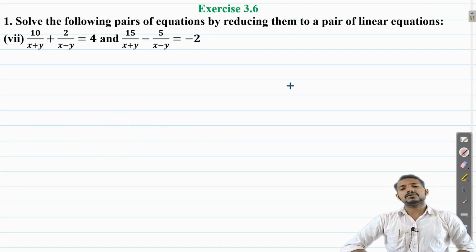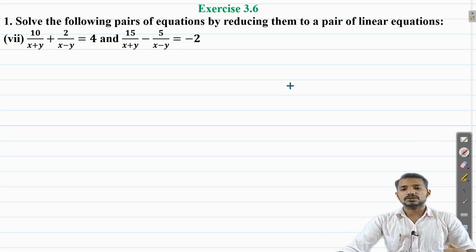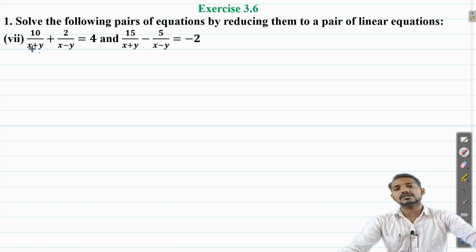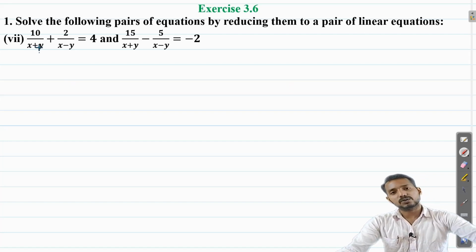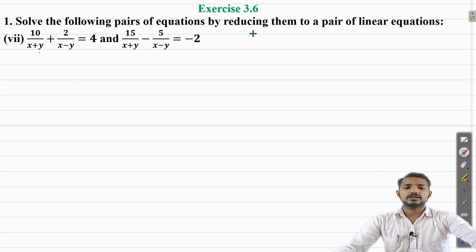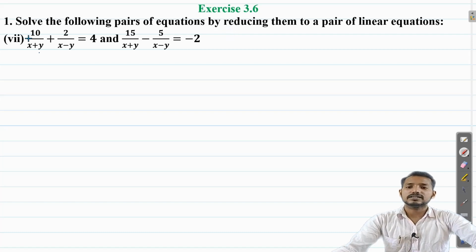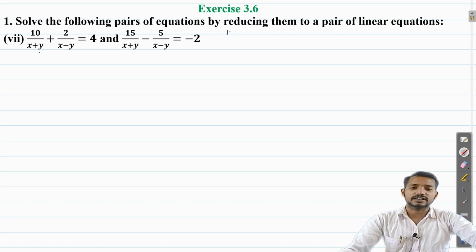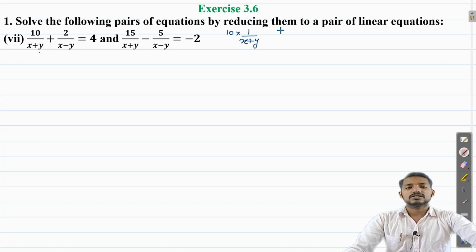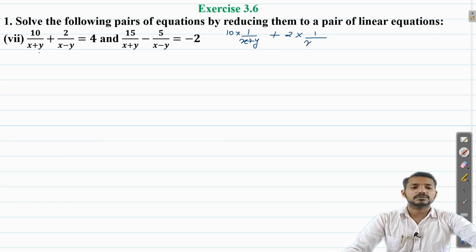See, option number 7 is entirely different from the other options because in a single term both variables are present. Again, this equation becomes more complex. So what do we need to do? This is 10 divided by x plus y. We can write it as 10 into 1 by x plus y. Similarly, plus 2 divided by x minus y, you can write as 2 into 1 by x minus y.